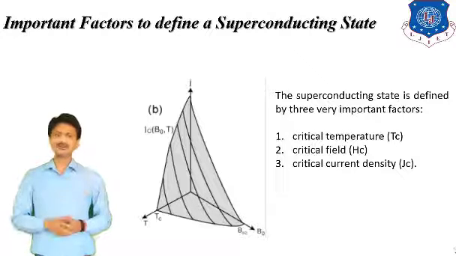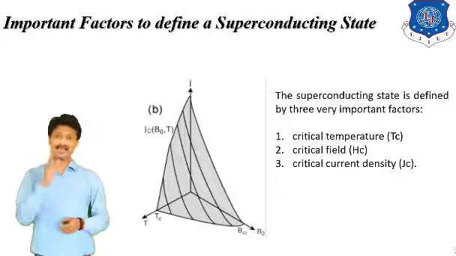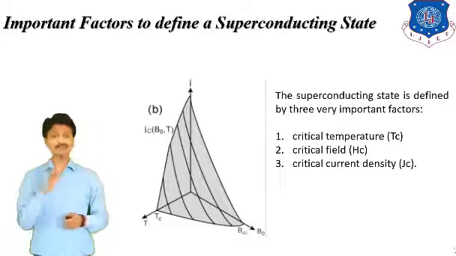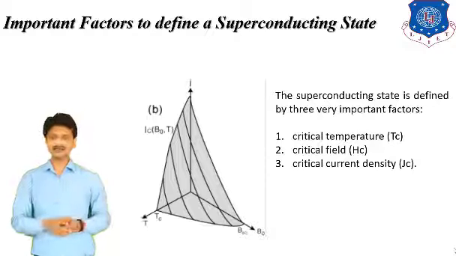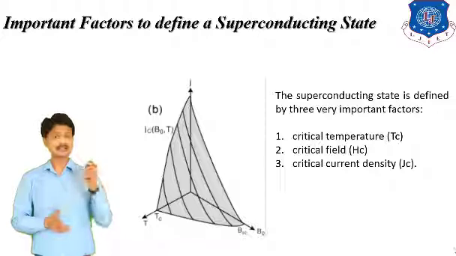Now we know that the temperature at which the superconductor exhibits zero resistance is the critical temperature. Next, the minimum magnetic field required to destroy the superconducting state is the critical magnetic field Hc.